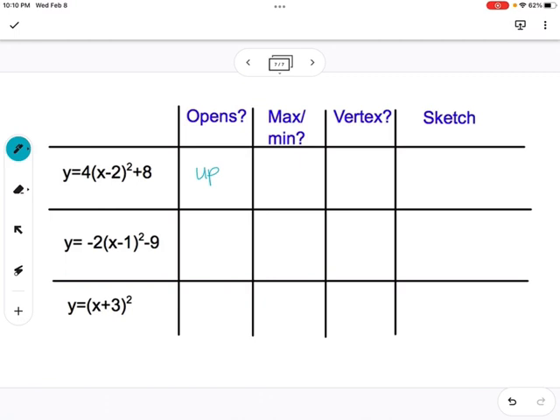If it opens up, meaning looks like so, then we are going to have a minimum. Now our vertex, we have a minus 2 here, which means our h value is 2, and our k is the number on the end, which is 8.